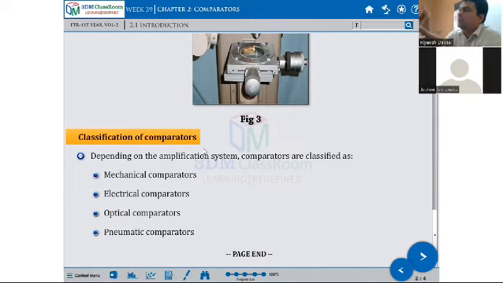There are some rack and pinion. Also, when pressed, it will go up. The rack will push the pinion to rotate it. It will rotate it. And how many mm the gear will move. That is the mechanical comparator. And here the comparators are electrical as well as optical and pneumatic. Right. Pneumatic as well, electrical as well, and optical as well.